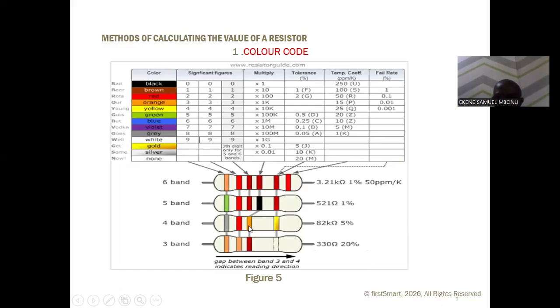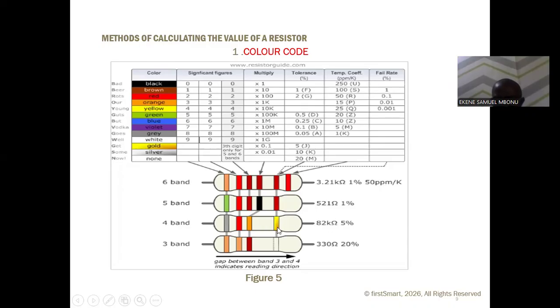Then this one is the multiplier, and the code that matches looks like yellow. No, not yellow. Orange. So we have 82 multiplied by 1000. That's why it's 82K ohms.